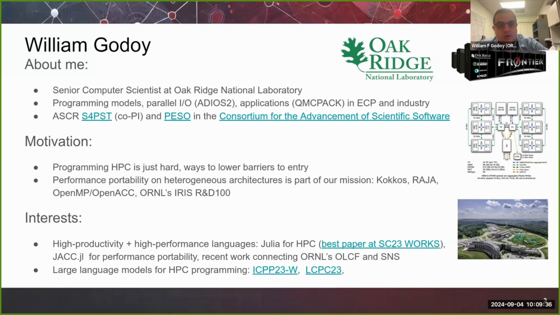ORNL got an R&D 100 recently, and one of the in-house products, IRIS, generates code that runs on multiple hardware. My interest, as you can see in recent years, is on this intersection between high productivity and high performance languages. Very proud that we had a best paper last year at SC Workshops. I see people from the community here. Thankful for the recognition.